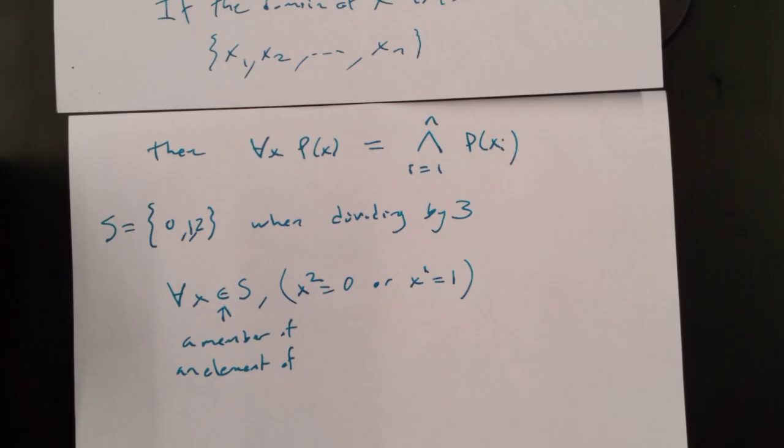I claim this is true. This is a universally quantified statement. I claim for every one of those numbers, if you square it, you either get a 0 or a 1.